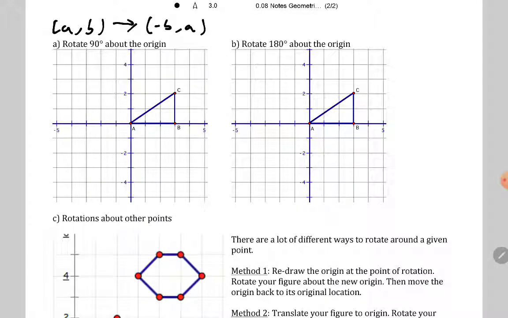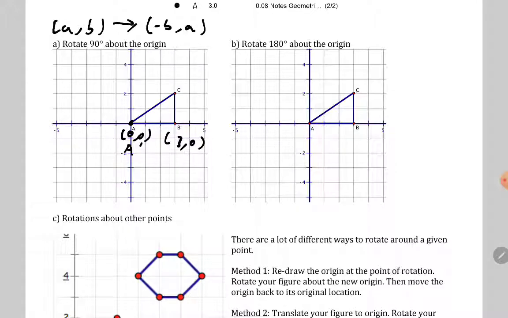Okay. So part A. So A is at 0, 0, or the origin. So we rotate it around, and it's still going to be there. Okay. So this is also A prime. B prime is at 1, 2, 3, comma 0.